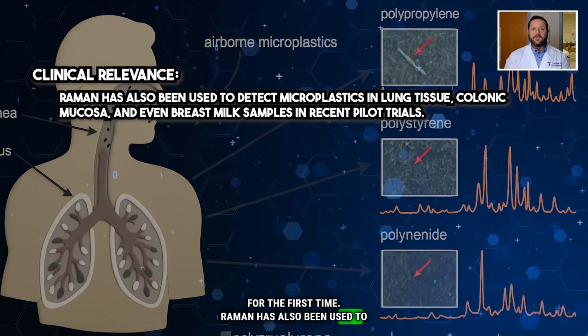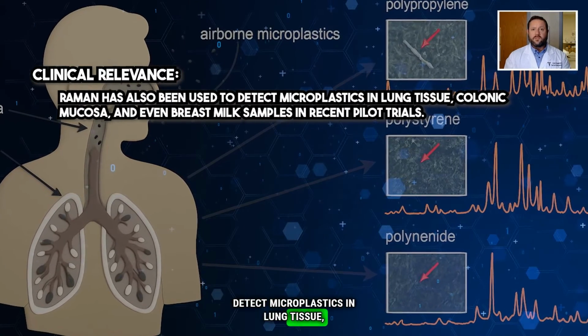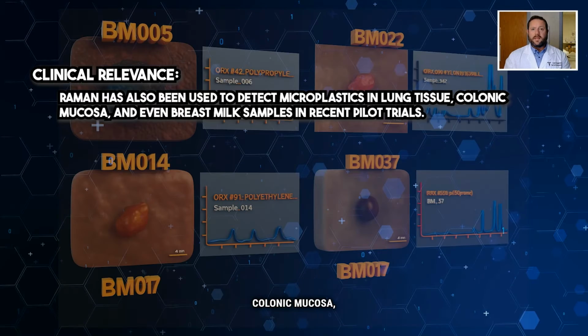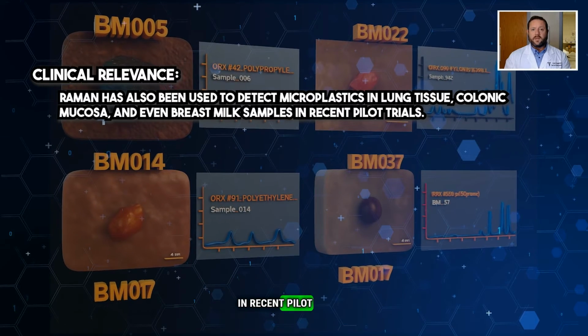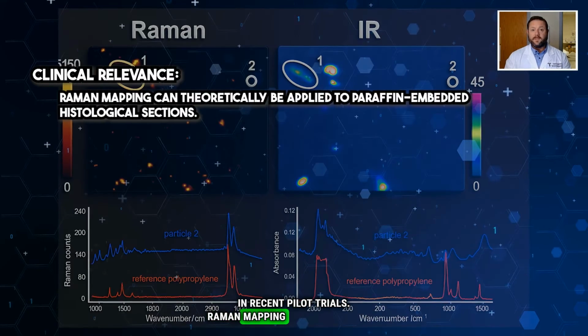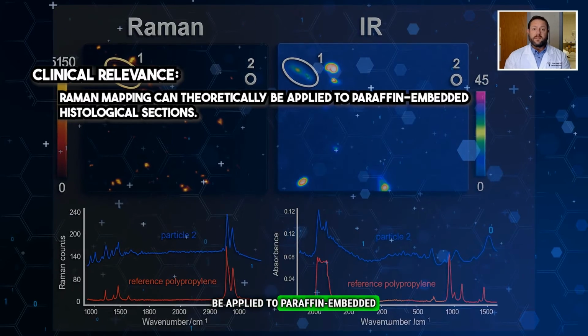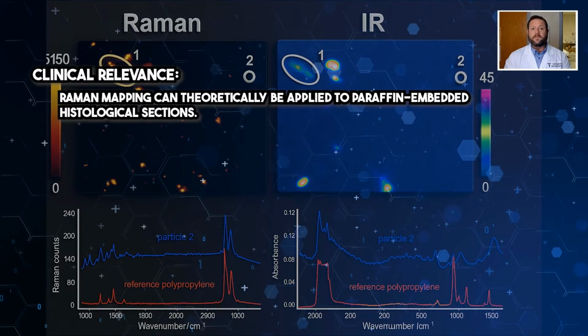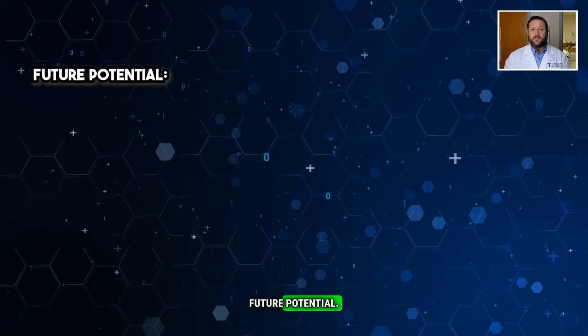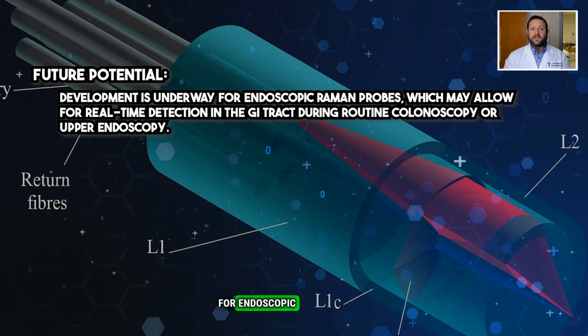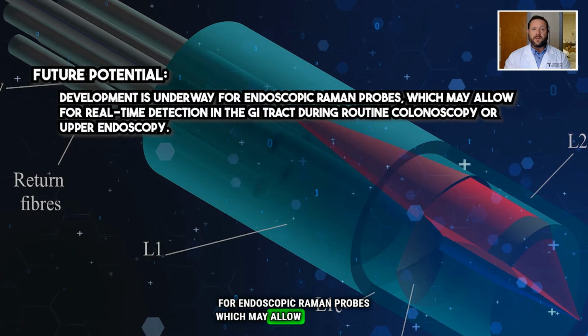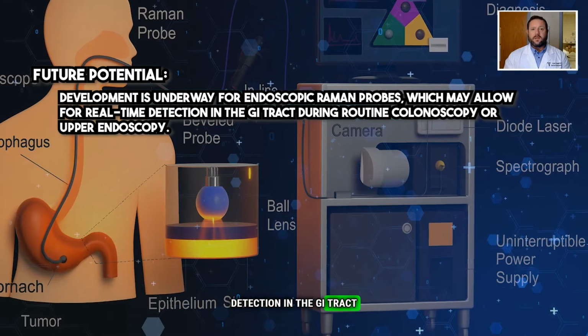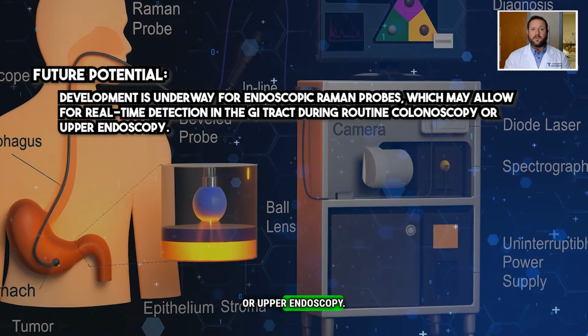Raman has also been used to detect microplastics in lung tissue, colonic mucosa, and even breast milk samples in recent pilot trials. Raman mapping can theoretically be applied to paraffin-embedded histological sections. Future potential: development is underway for endoscopic Raman probes, which may allow for real-time detection in the GI tract during routine colonoscopy or upper endoscopy.